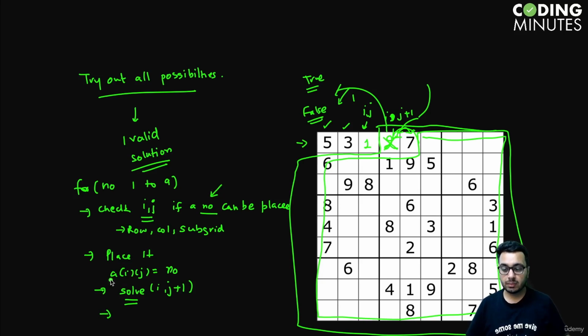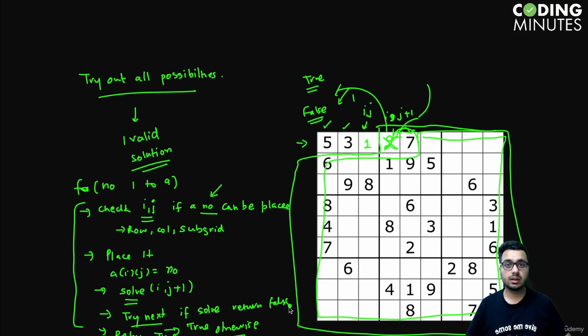If the sub problem can be solved, you return true. So I will say, try next if solve returns false, otherwise you can simply say return true, that means your problem could be easily solved. Try next basically means you go to the next step in the for loop and do the work for the next number.